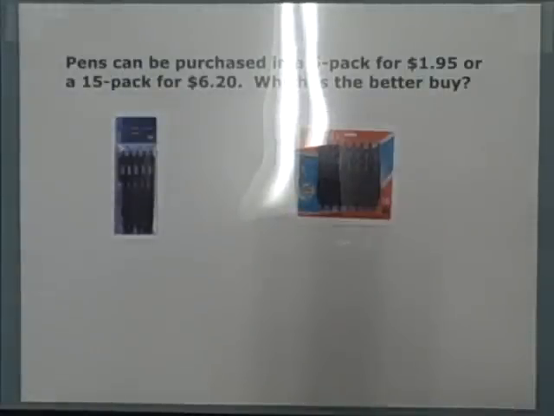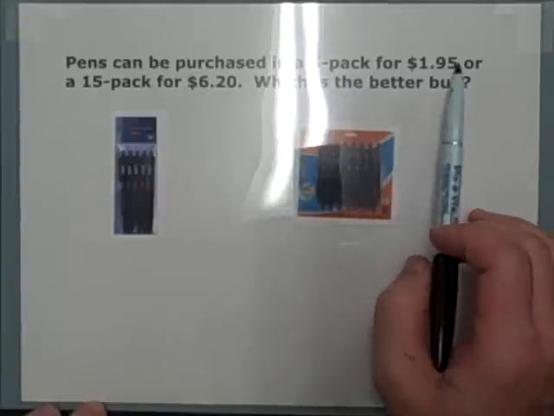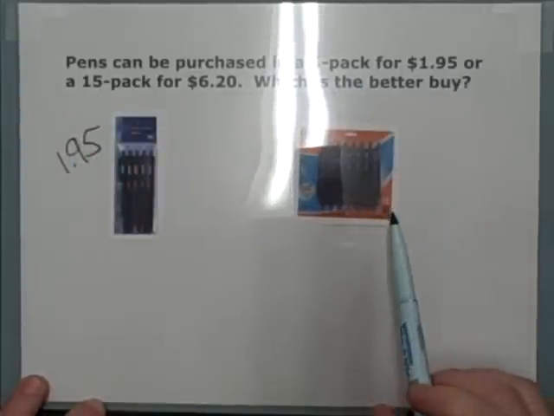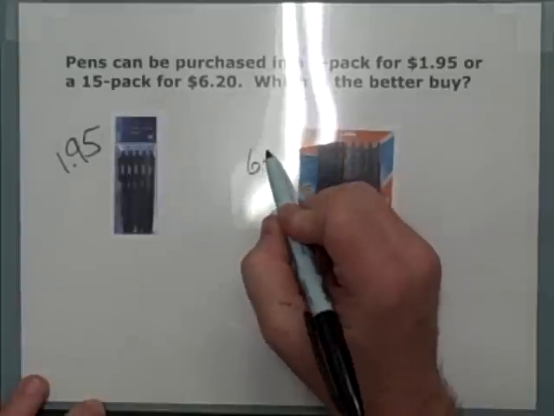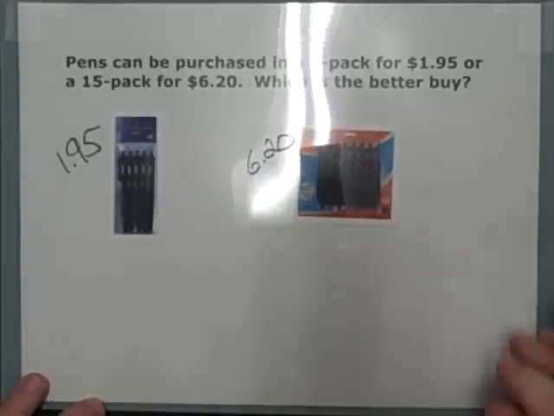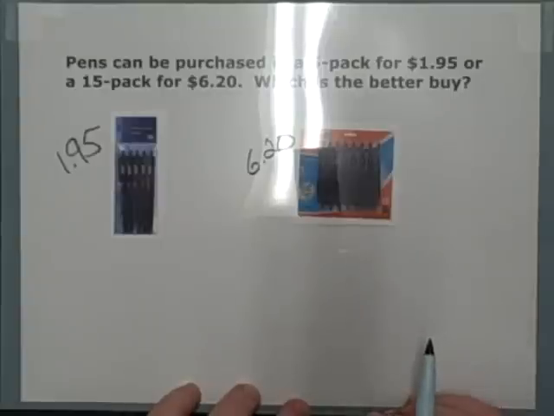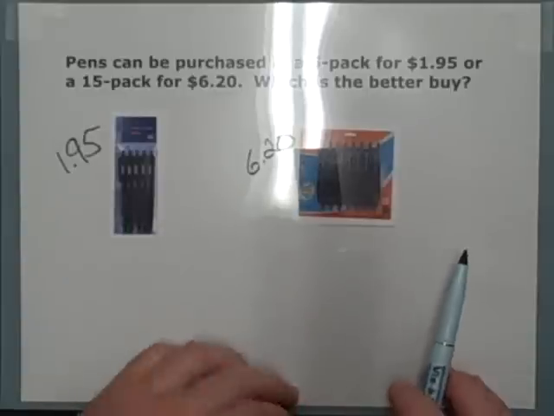Here we have pens that can be purchased in a 5-pack for $1.95, or we have a 15-pack that can be bought for $6.20. Well, if you wanted to determine which one is the better buy, you need to know how much an individual pen costs for the specific price.